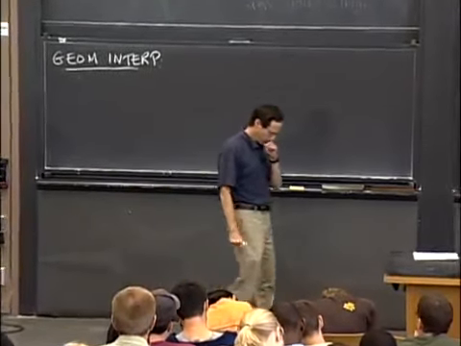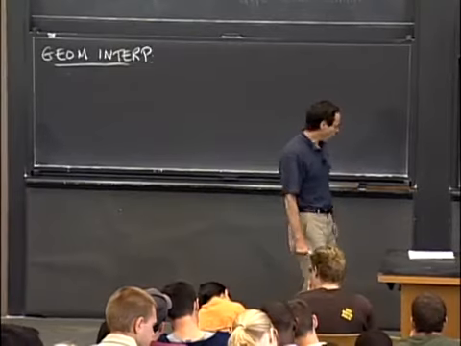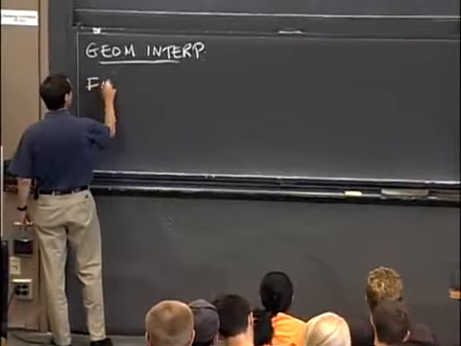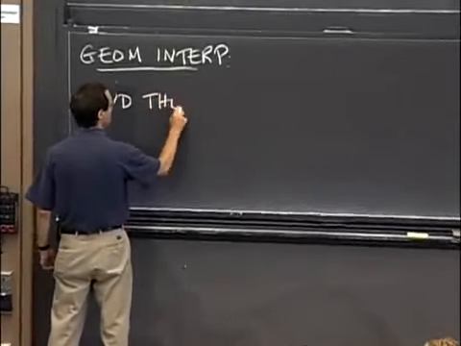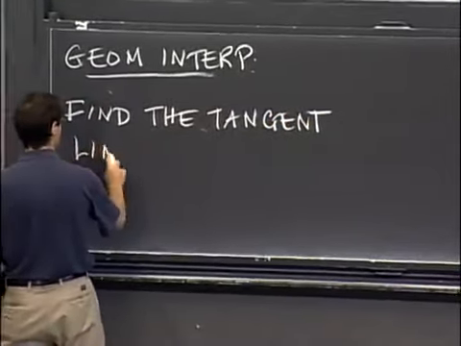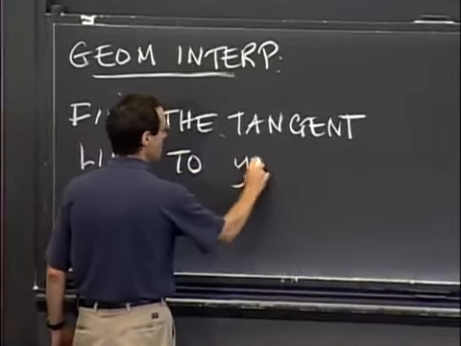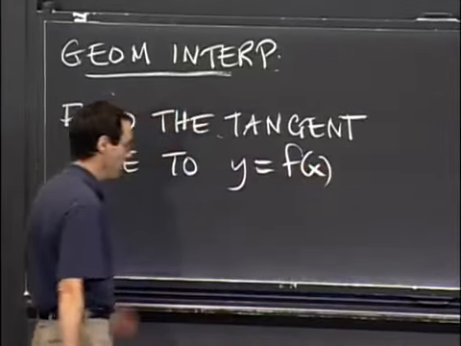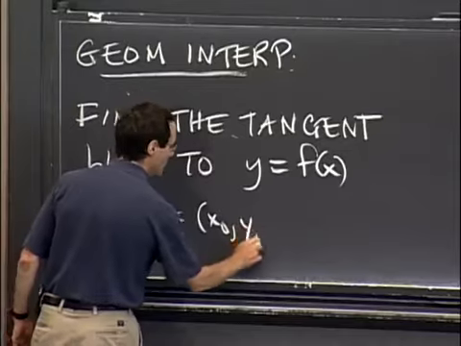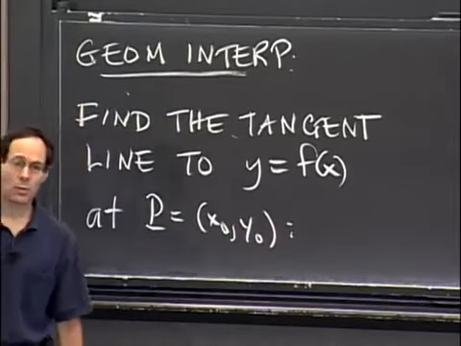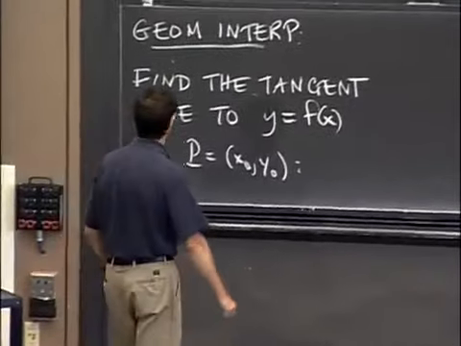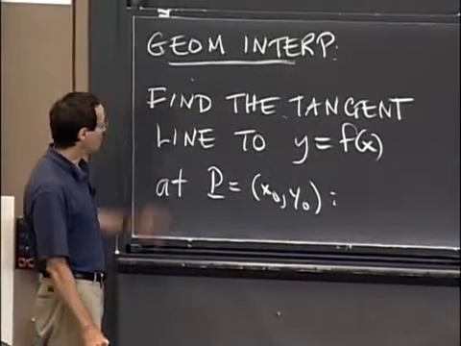And what we're going to do is just ask the geometric problem of finding the tangent line to some graph of some function at some point, which is, say, x0, y0. So that's the problem that we're addressing here. All right. So here's our problem.